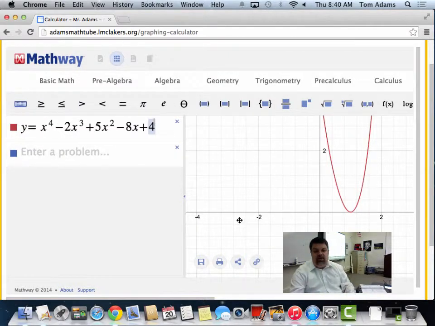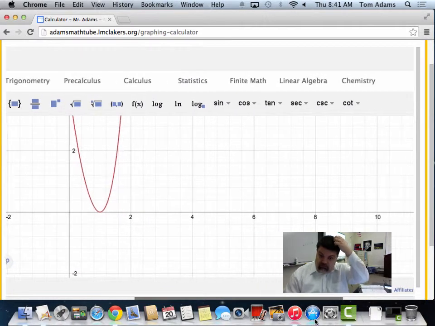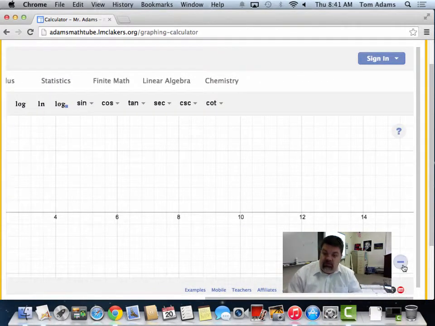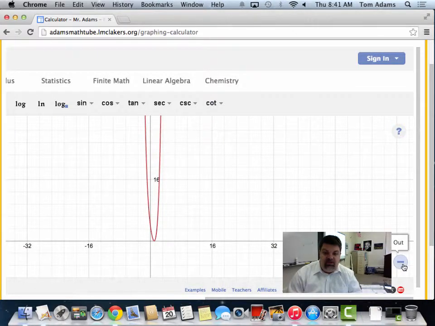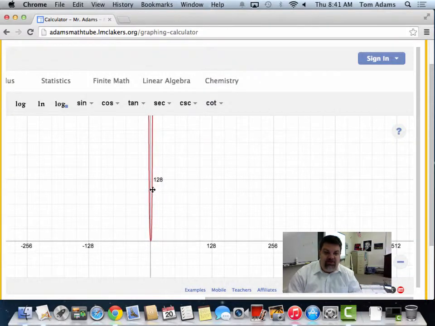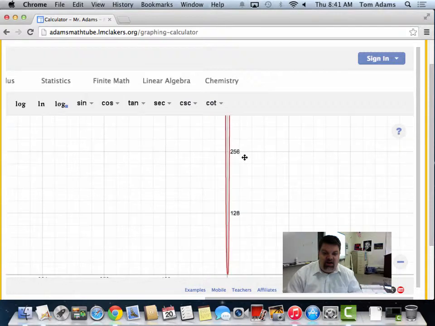It kind of looks like a parabola, but I would assume that if I zoomed out, let me zoom out a little bit. It might just be a parabola. Those are some big numbers. Yeah, it looks like a parabola. So the complex number is so tight. Probably, see this little bump right here? That's probably where it's a little bit of an issue. But yeah, it looks like a parabola.